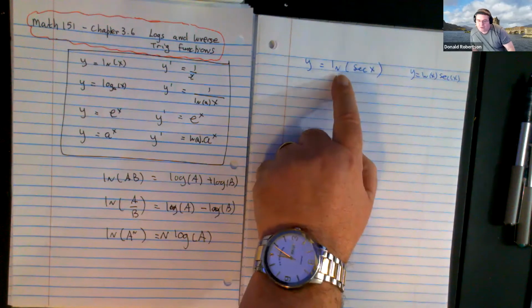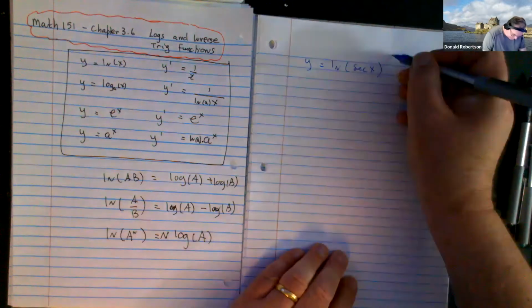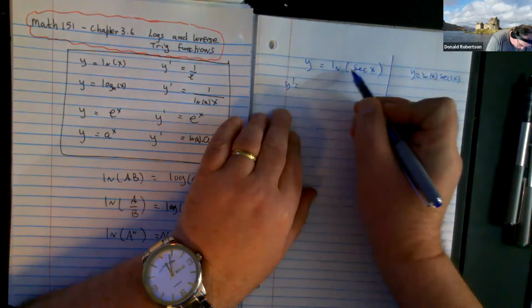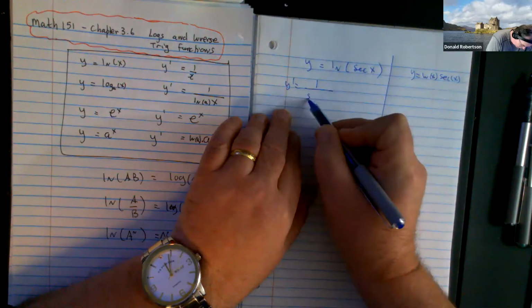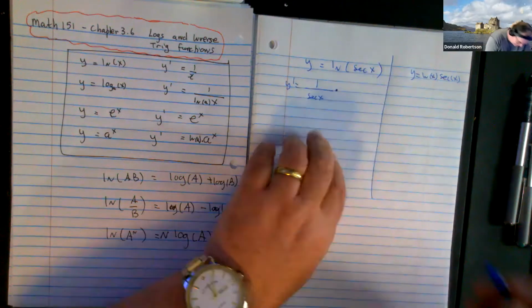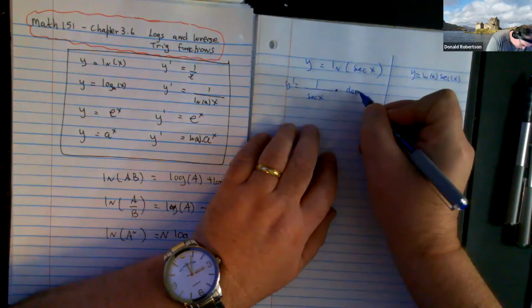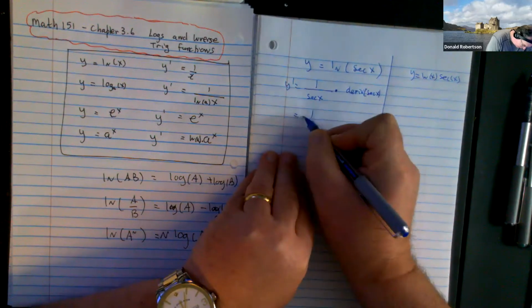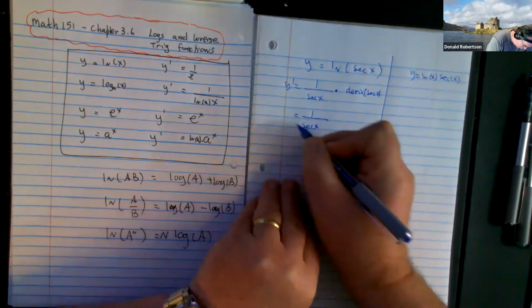Well, let's do this one first. As a chain rule, then, the derivative of the natural log of something is 1 over something times the derivative of, in this case, the inside function, secant x. And that's where memory comes in, or at least you've written it down somewhere.